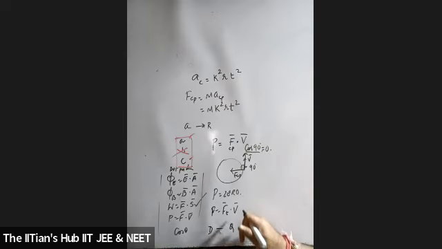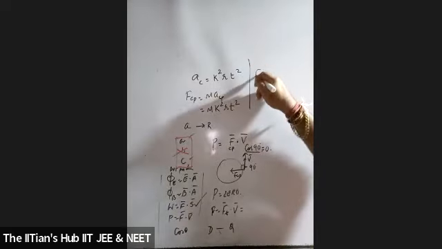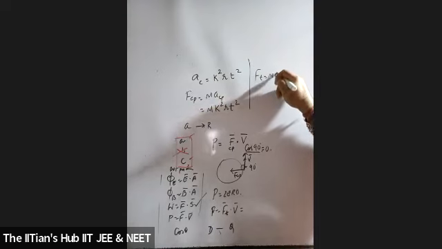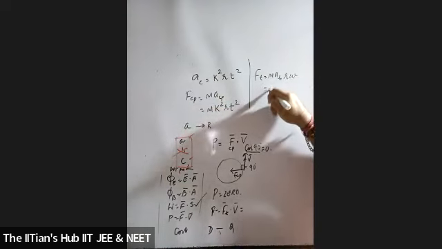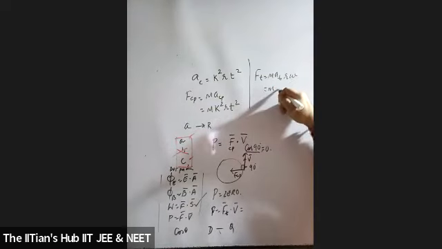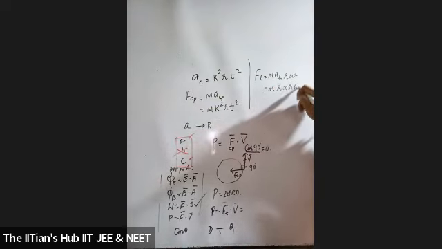What is force tangential? Force tangential and velocity tangential. Since force tangential is equal to mass into acceleration tangential, and V is equal to R into omega, acceleration tangential is R into alpha into R omega.